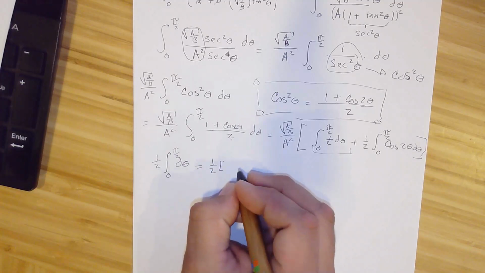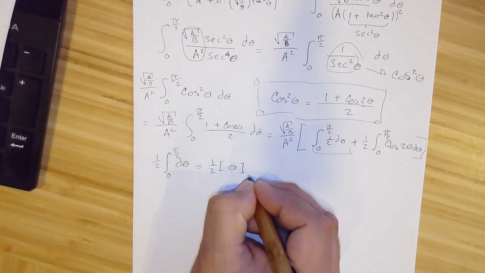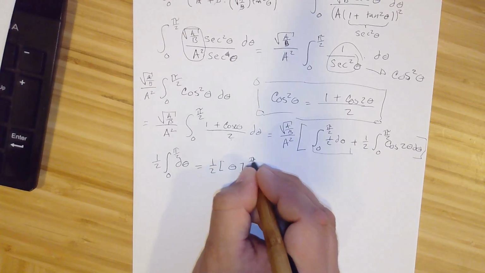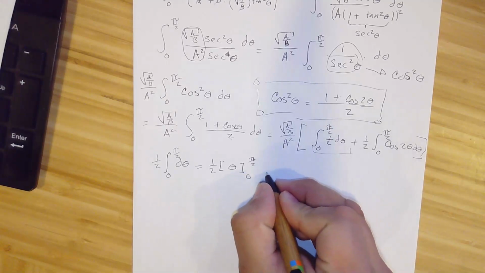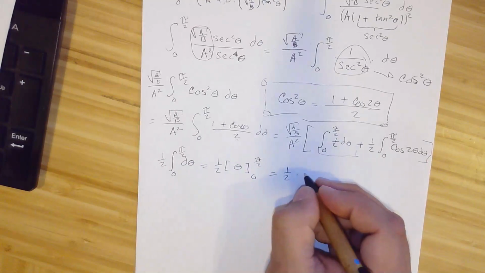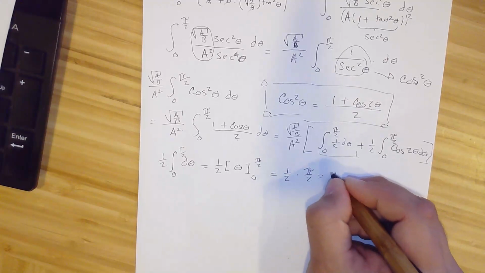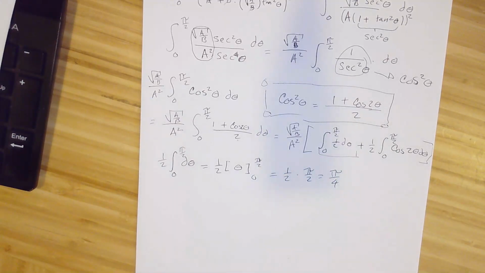It will be theta evaluated from 0 to pi over 2, and of course the solution will be 1/2 multiplied by pi over 2, or pi over 4, right?